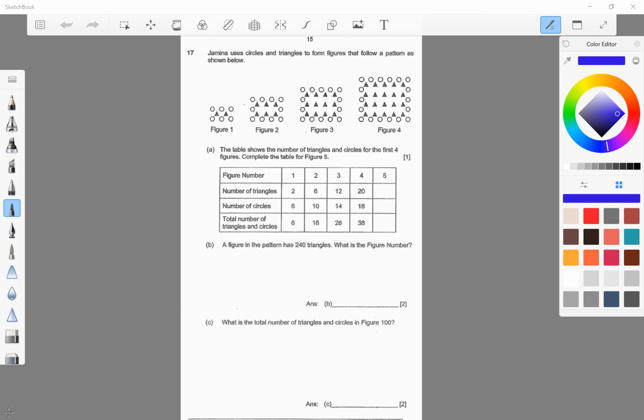Gemina uses circles and triangles to form figures that follow a pattern as shown below. So first thing you've got to ask yourself is, what kind of question is this? What kind of number pattern are you required to understand? The common ones that we actually talk about are square numbers. So what exactly are square numbers?